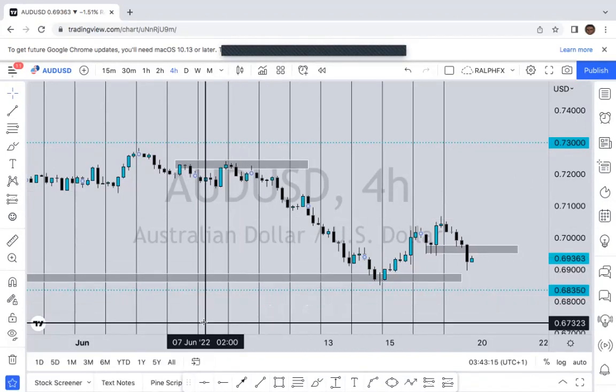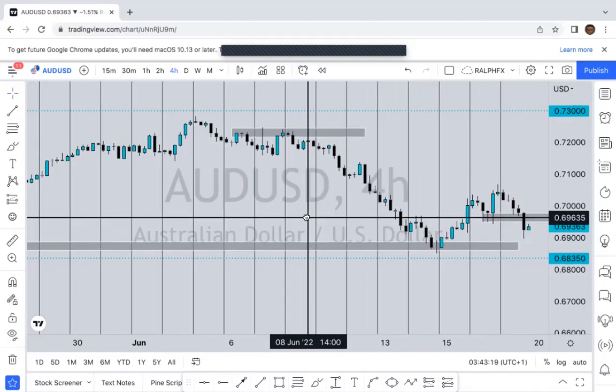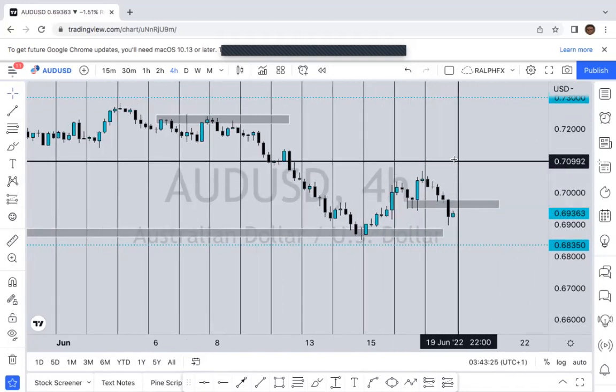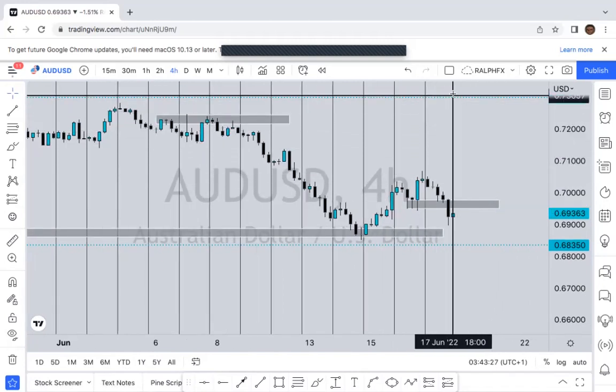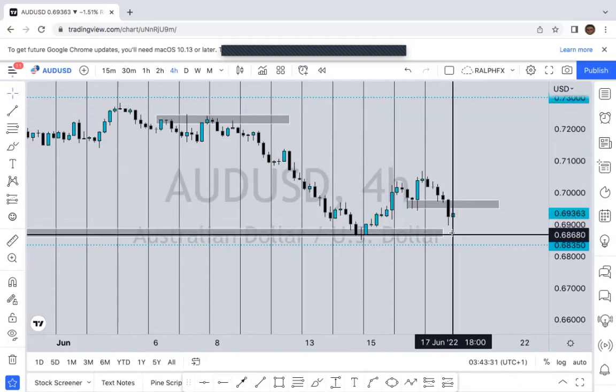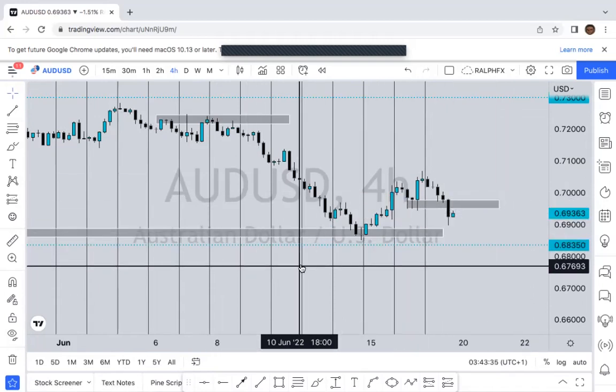So it divides the chart into each day. Every 24 hours, we have a new line. So once the new week opens, once Monday opens, or once we have a market open on Sunday evening, we're going to have a new line here, and then price action will continue from there.